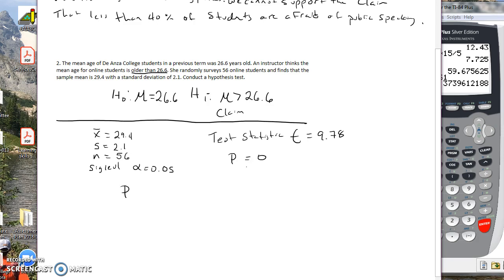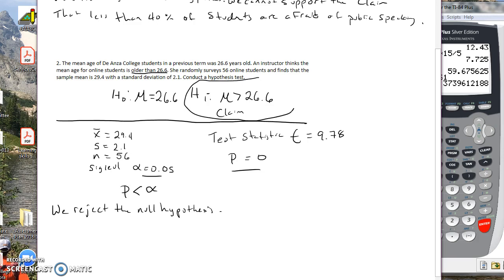So we're going to ask ourselves, let's compare p and our significance level. Is p less than or greater than our significance value? This time p is less than alpha. What does this mean? This means that we reject the null hypothesis. And which one was our claim?